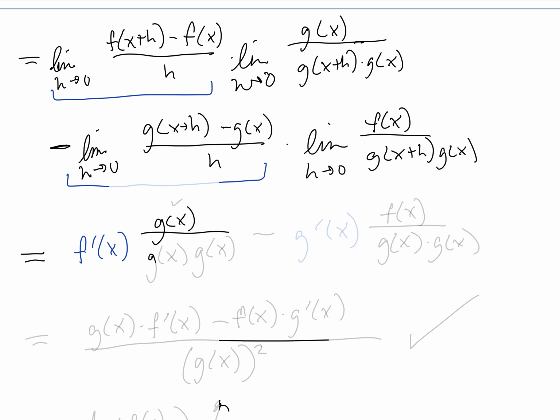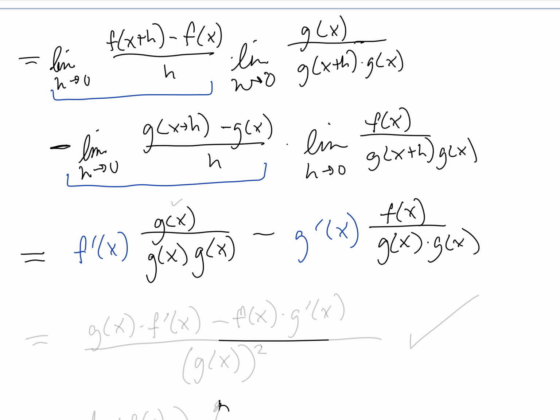As h goes to 0, g of x plus h just goes to g of x, and so does g of x, minus the limit as h goes to 0 of this, which is just g prime of x, and then it's still multiplied by the limit as h goes to 0 of f of x, not changed as h goes to 0, over g of x plus h, g of x plus 0, g of x, times g of x.